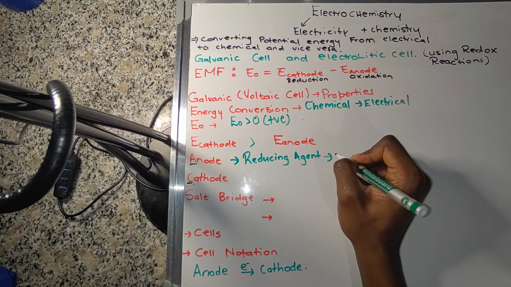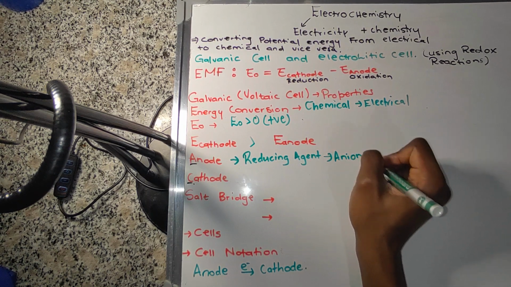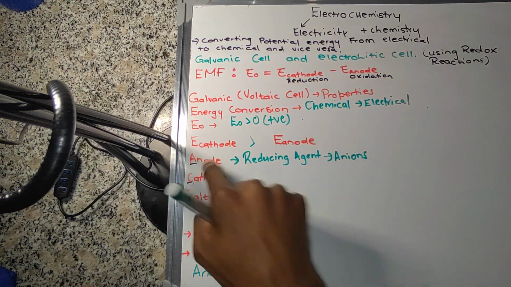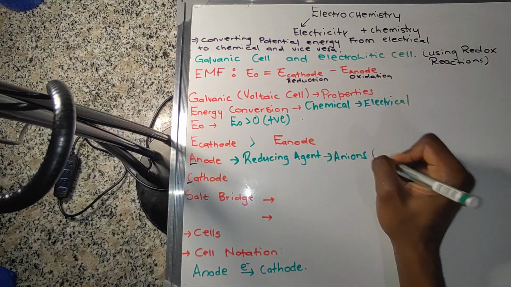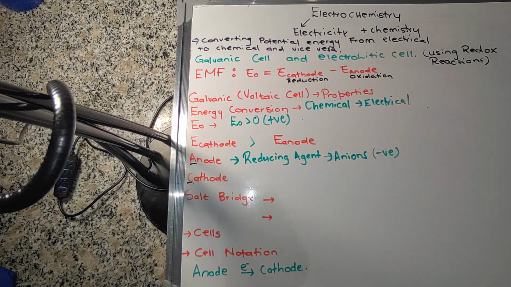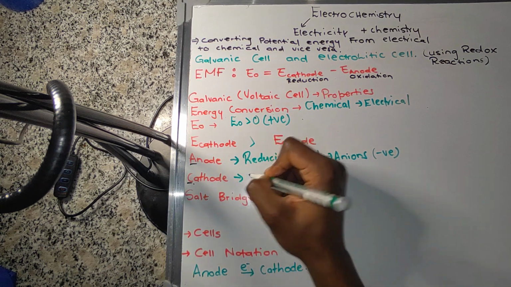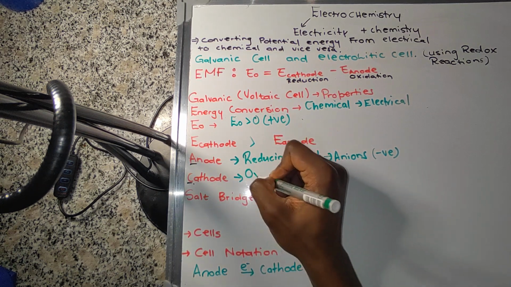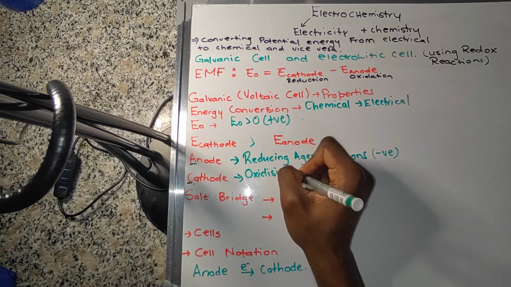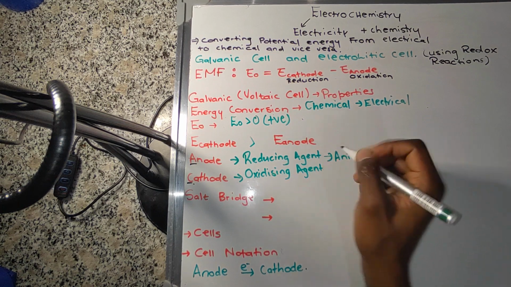So when we have negative ions, we call those anions. So on the anode, there are anions. The ions that are found on the anode are called anions. And we know that these ones are negative. And then we call a cathode an oxidizing agent. We say this one is an oxidizing agent.